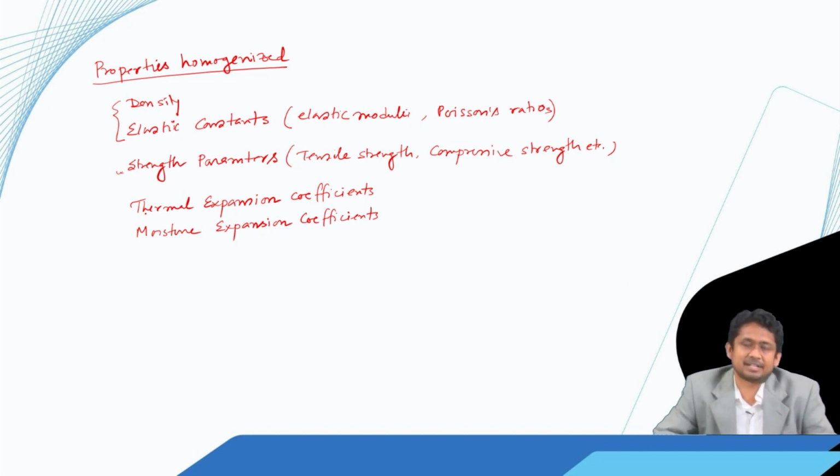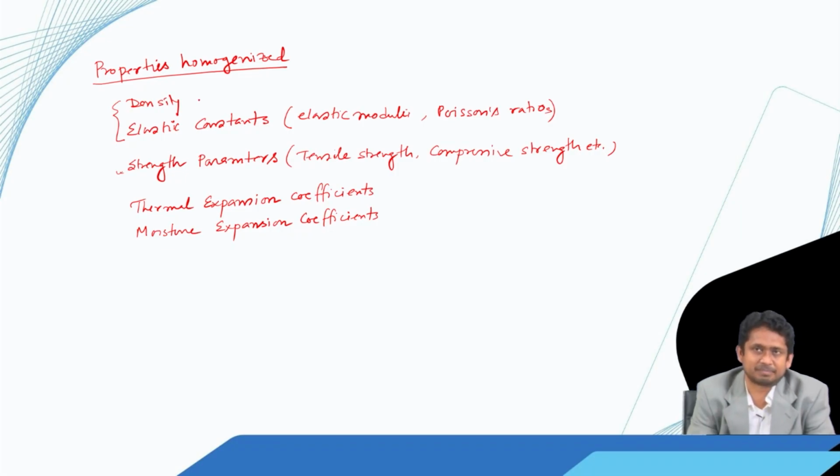Now, there are various approaches that we generally use to derive these homogenized properties. So, for example, there are strength of material based approach, exact solution using theory of elasticity, numerical techniques, and so on. But this course mainly focus on the strength of material based approach and rule of mixture.